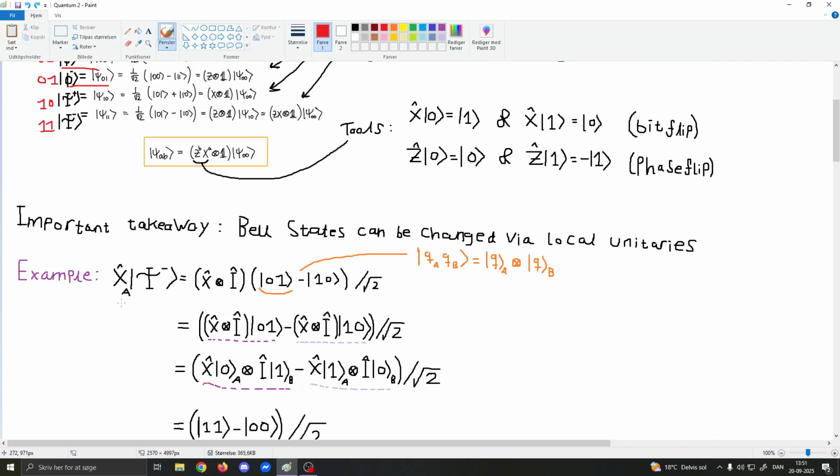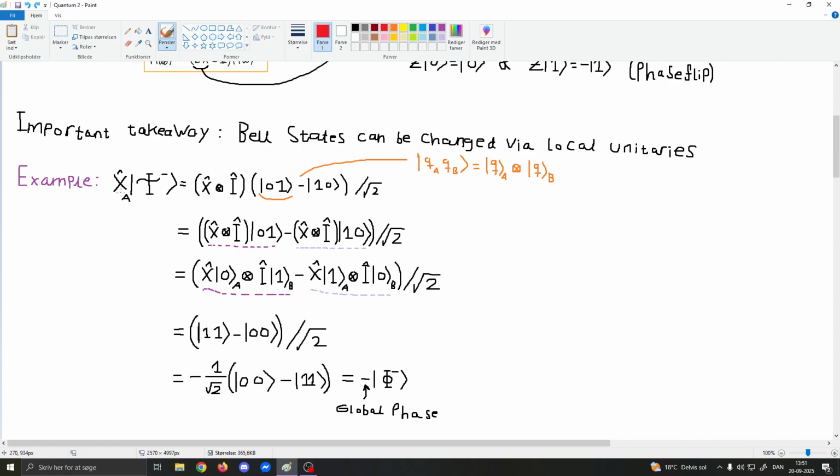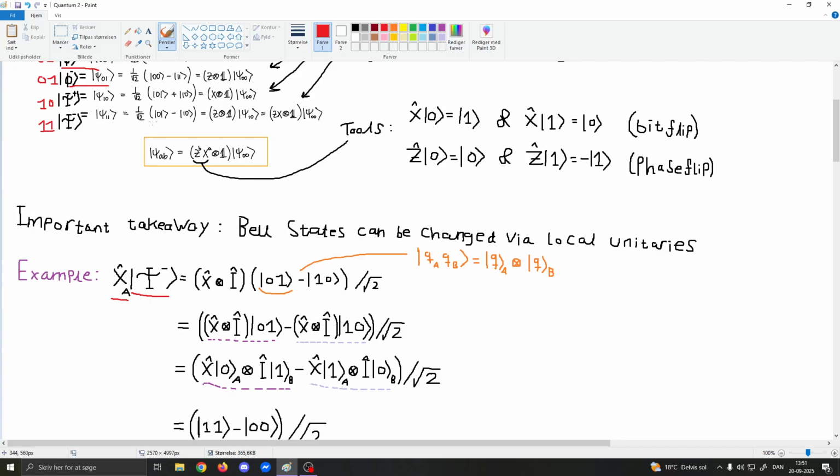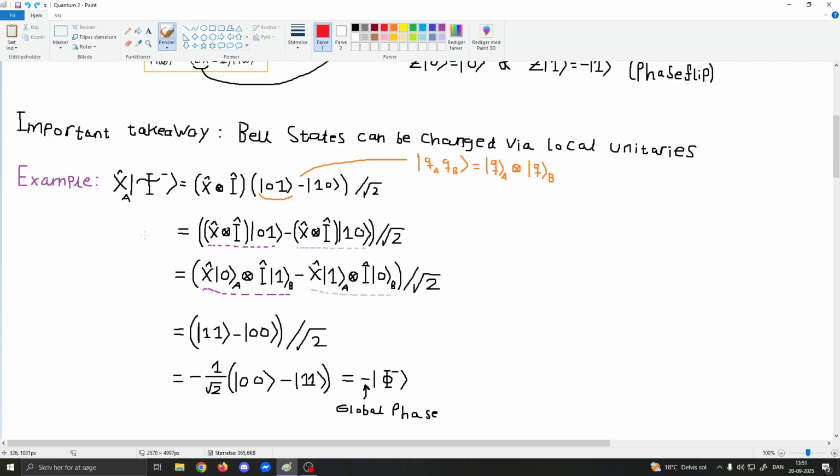The protocol works, but this is just an example calculation. So if Alice has the state psi negative, which corresponds to this state right here, and she wants to flip her part of the bit from this joint system, the way we express it is via this tensor product of operators.